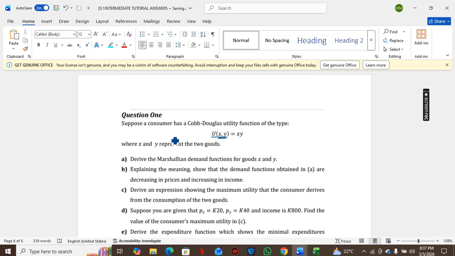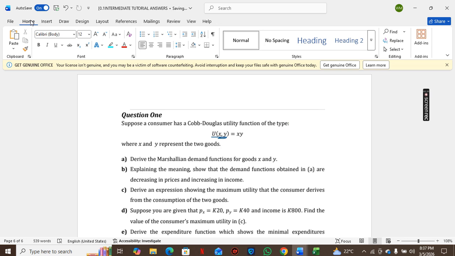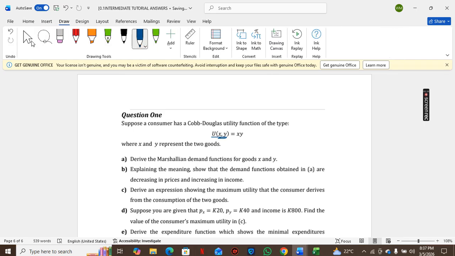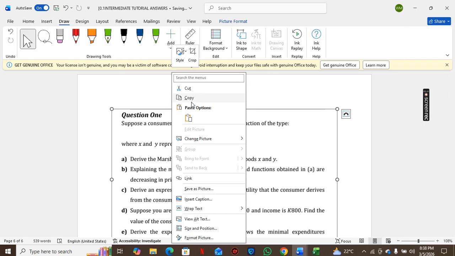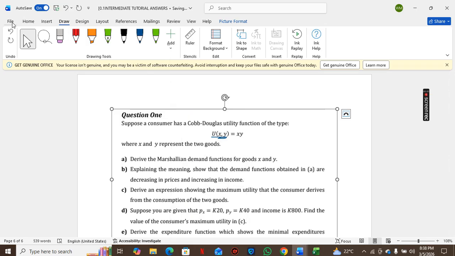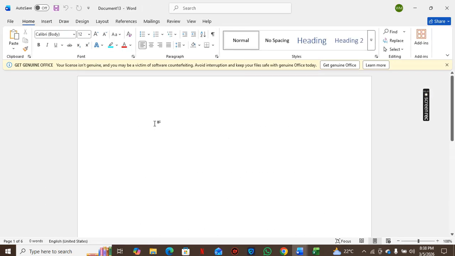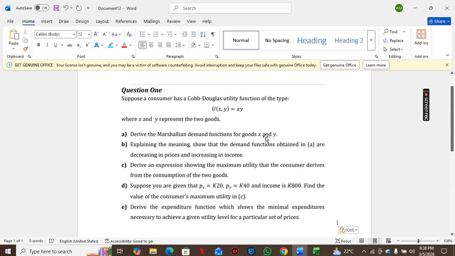So colleagues, this Marshallian demand function is just telling you how much, the quantity of goods you can buy with your income and the prices available. The quantity of goods that you can buy with the current price and your current income. Let me just write it down.